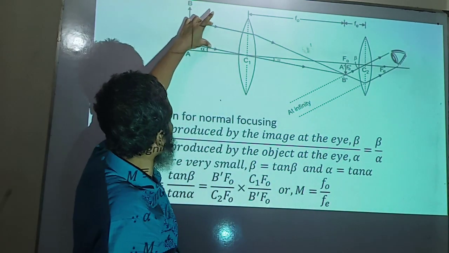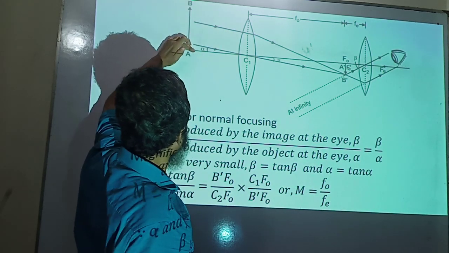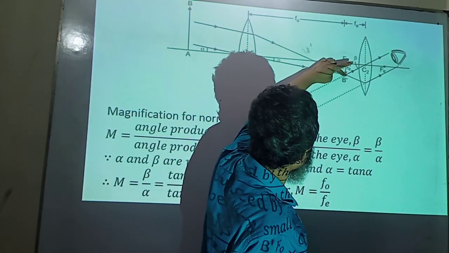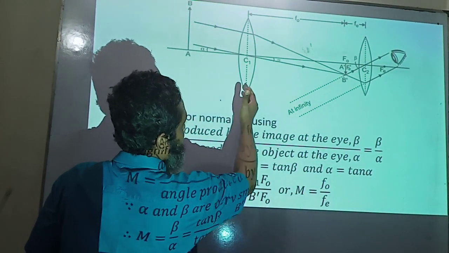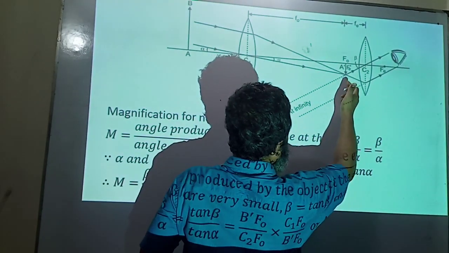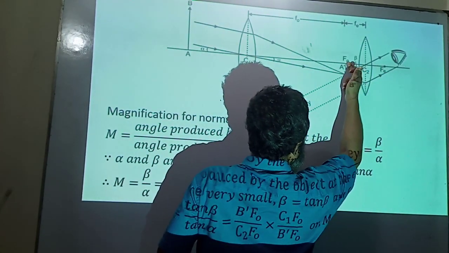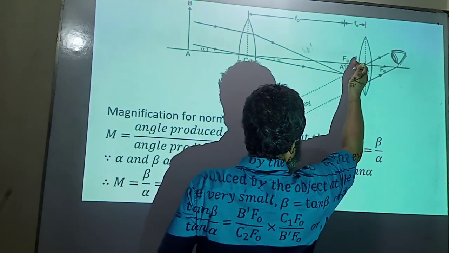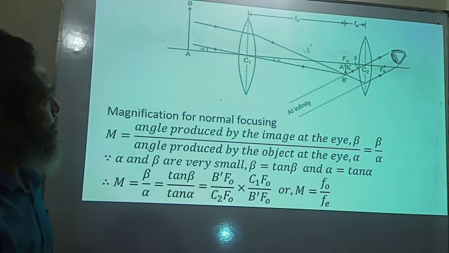The rays are coming parallel to each other, but not parallel to the principal axis. The image is formed at the principal focus of the objective lens. Here f naught is the principal focus of the objective, and fe is the principal focus of the eyepiece, and both the principal foci lie at the same point.